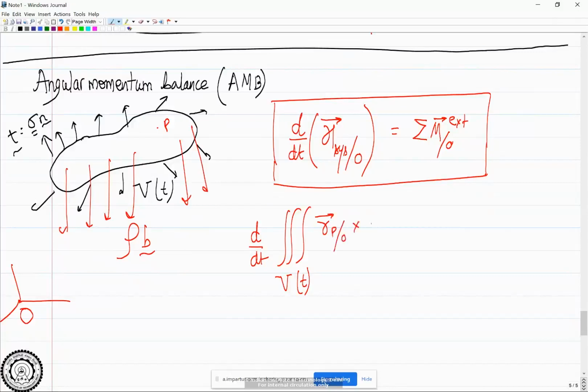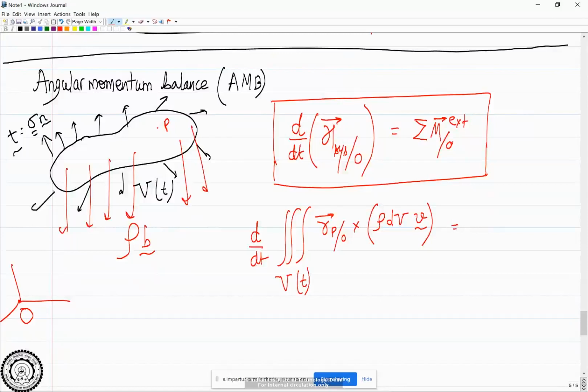That's the angular momentum. And mass, we have learned it is dm into v, and dm is nothing but rho into dv, and into the velocity. Does anyone have any query? So that's the left hand side.